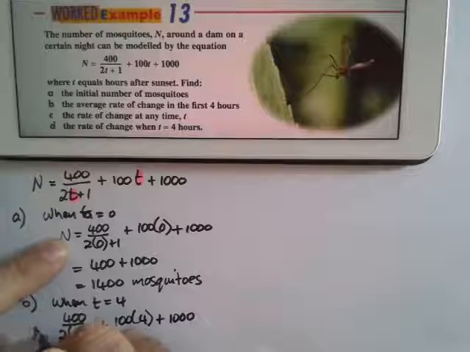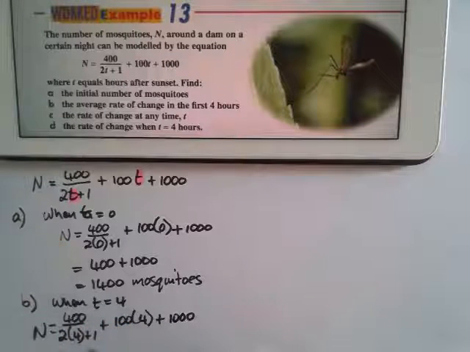So that is what n is. N will equal 400 divided by 8 plus 1 is 9, which gives us 44.4 plus 400 plus 1000.